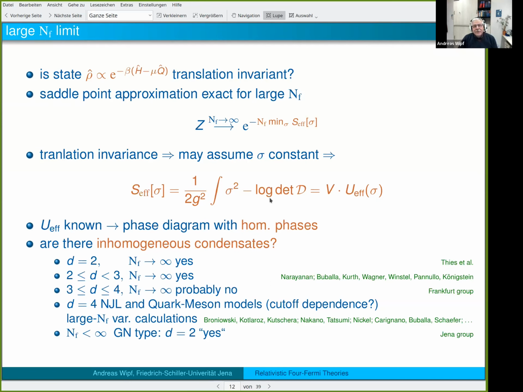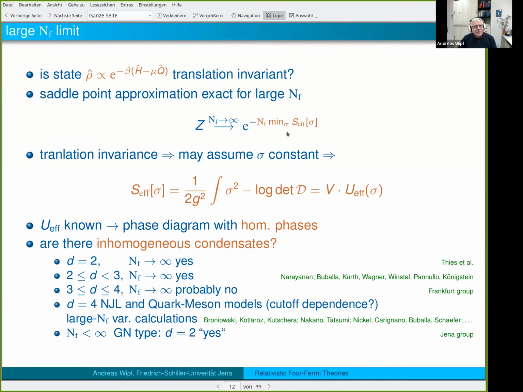And now integrating out the fermion produces the log determinant of the one flavor system, because the number of flavors NF is in front of the minimum here. Okay, so we have to minimize this effective action. And if you have done that, actually that's it, right? Then you know the partition function, you can easily calculate expectation values and so on.